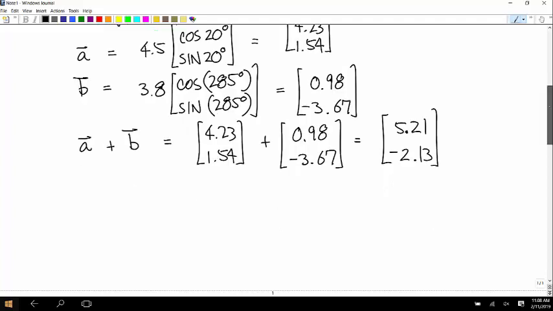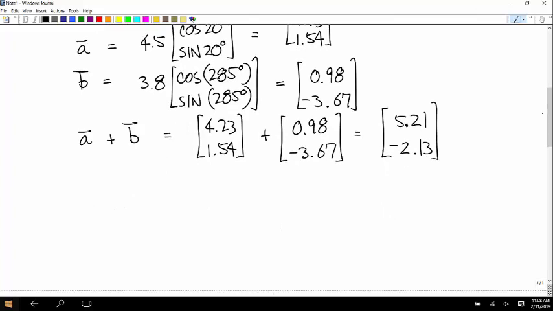Draw it. Yep. You should be able to do both of those. And if you want to see what the resultant vector looks like, it's just a matter of plotting that point. So, go up 5.21, down 2.13, and then the vector has its tail at the origin and its head at that spot. So it looks something like that.